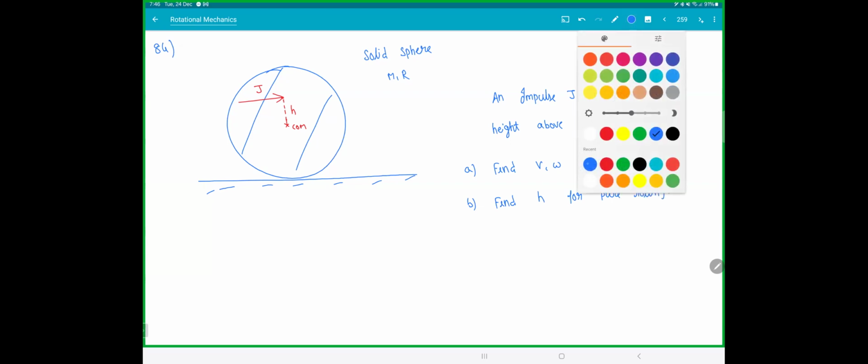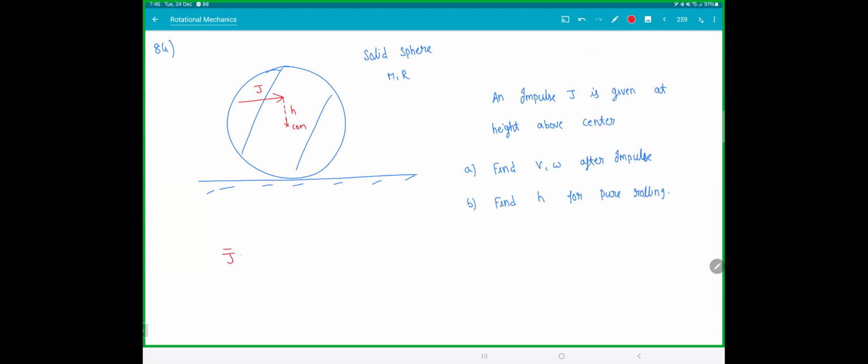In case you forgot, I'll just brief you. Impulse J is nothing but change in linear momentum, which is mv final minus mv initial. And then we have change in angular momentum, delta L bar, which is nothing but r bar cross J bar, or you can take r perpendicular into J. This is your angular impulse, change in angular momentum.